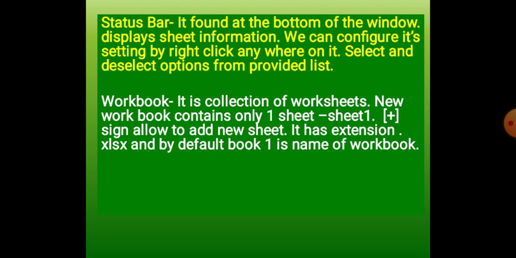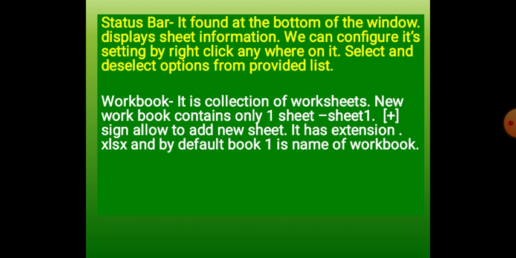Workbook. Children, what is a workbook? An Excel file is known as a workbook, or we can say a book. When we open a blank workbook, we see the default name will be Book1. A workbook is a collection of many worksheets.